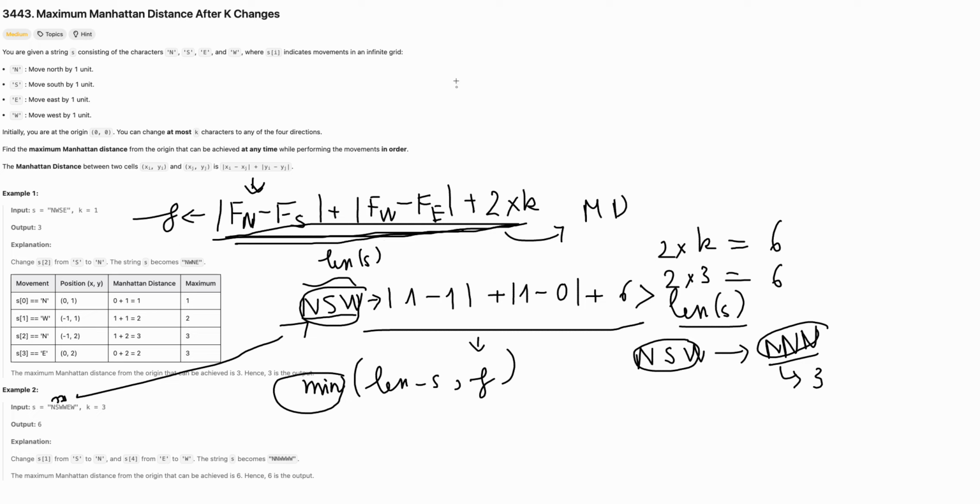So let's say I have n, s, and w, and the number of the characters in here is 3, and this one is smaller than or equal to k. It means that this length of the substring is always equal to this number, because in that case we can substitute all of the other characters except n to n, for example.